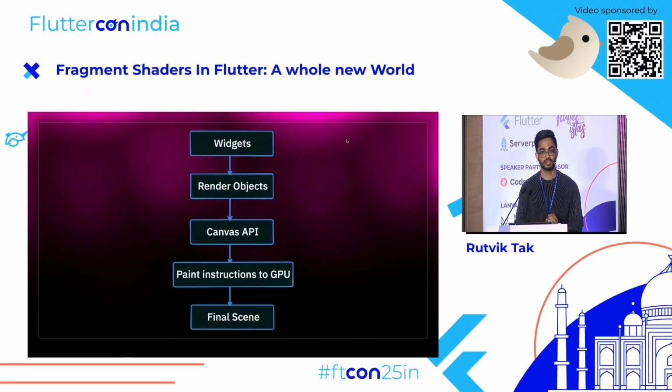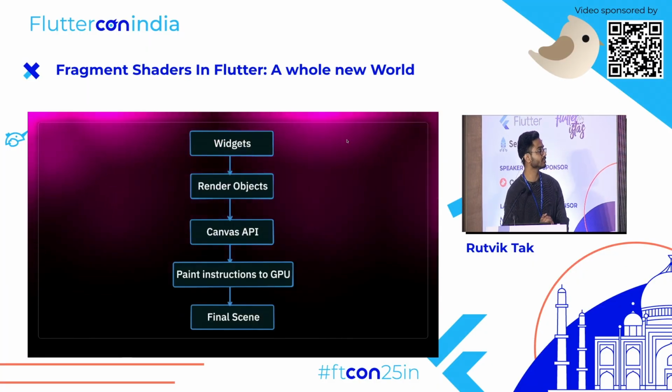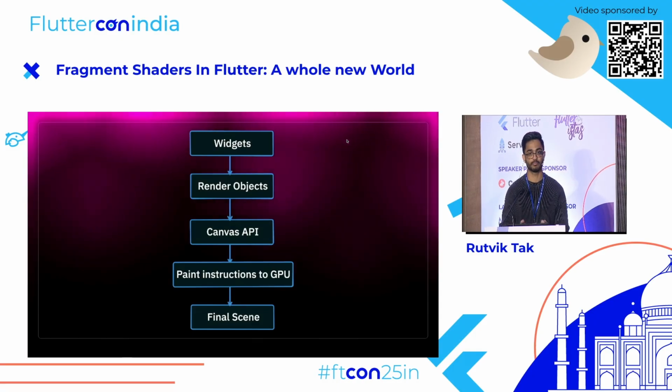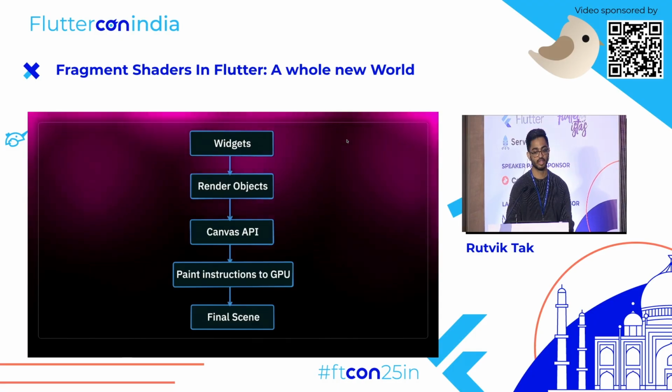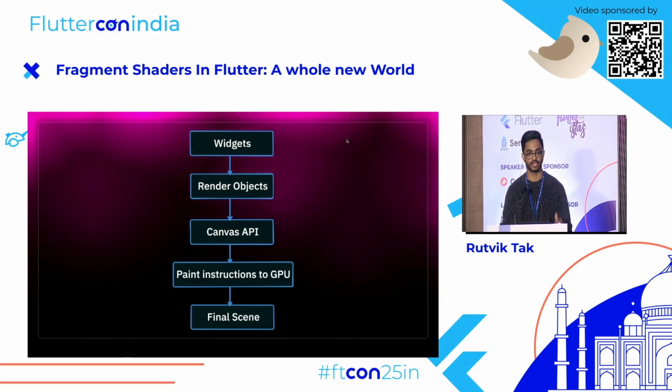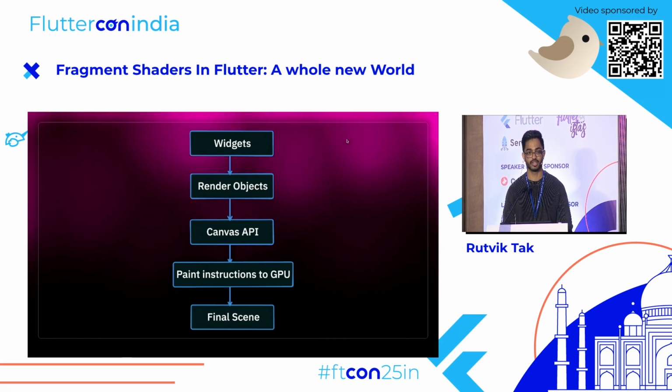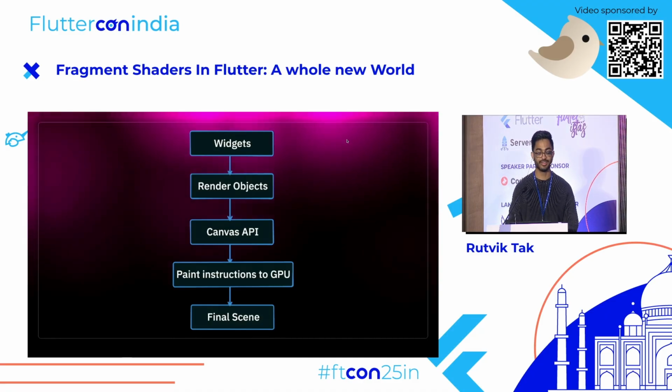Now, shaders are not new to Flutter, to be honest. They are an inherent part of its rendering pipeline. The traditional rendering pipeline of Flutter is that you have your widgets, which are the configuration layer, where you tell Flutter, okay, this is a container, and I want it to be this much height, this much width, this color. So you give those design details to Flutter. Then that information goes to render objects.